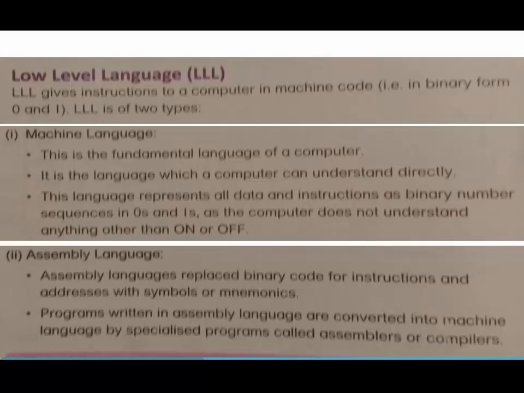Programs written in assembly language are converted into machine language by specialized programs called assemblers or compilers. So we need special programs called assemblers and compilers for the computer to understand assembly language. Still, it is a very low-level language, so that is why it is a simple language. That is why it is categorized as a low-level language or LLL.